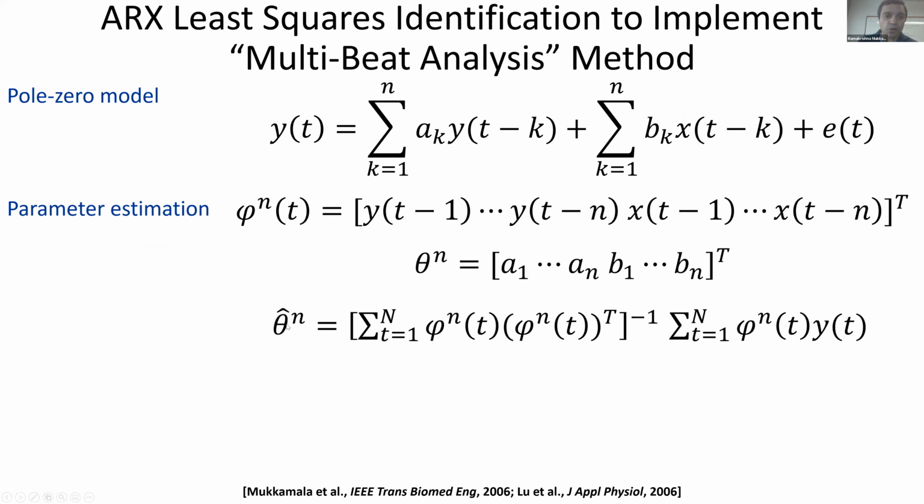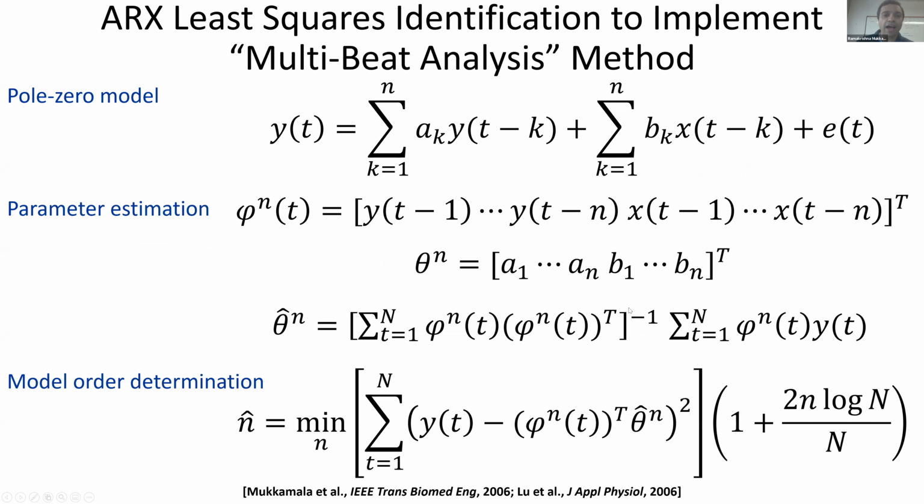For a fixed model order N, the parameters, or coefficients, of the model are estimated analytically via the linear least squares solution. And the model order N is determined by minimizing the minimum description length criterion.